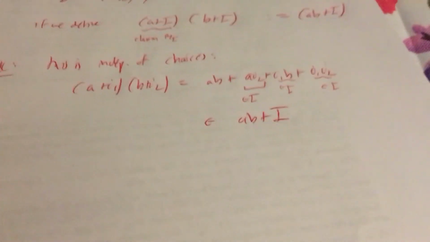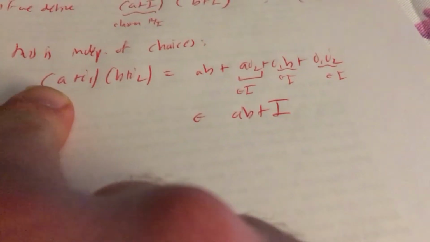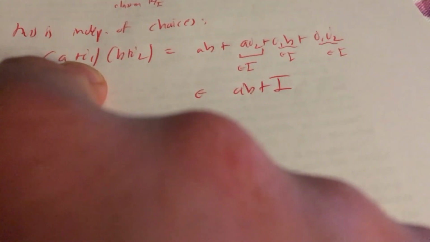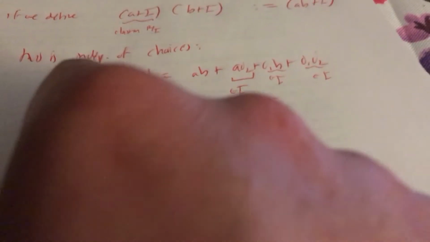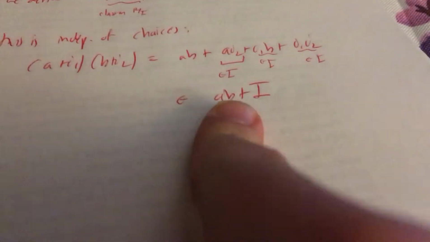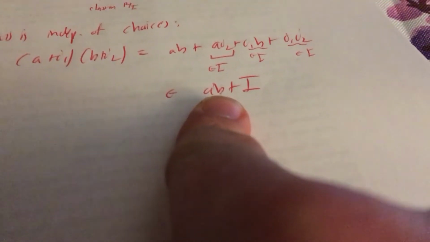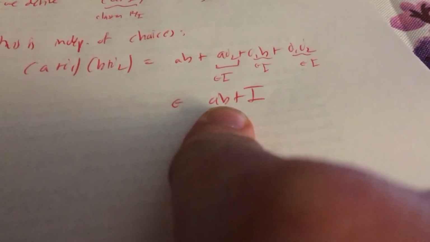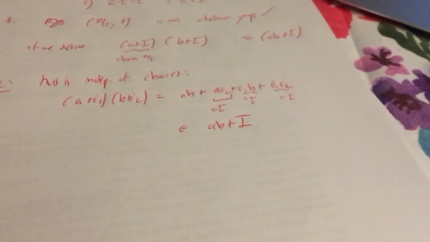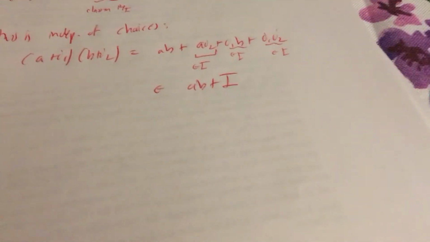If instead of choosing A, I modify it by adding some element of I, and I modify B by adding some element of I, the answer is exactly the same coset. So this multiplication is totally well defined on the quotient group.